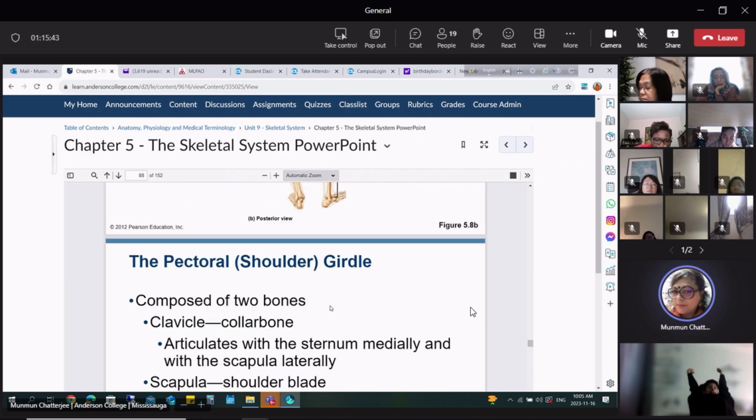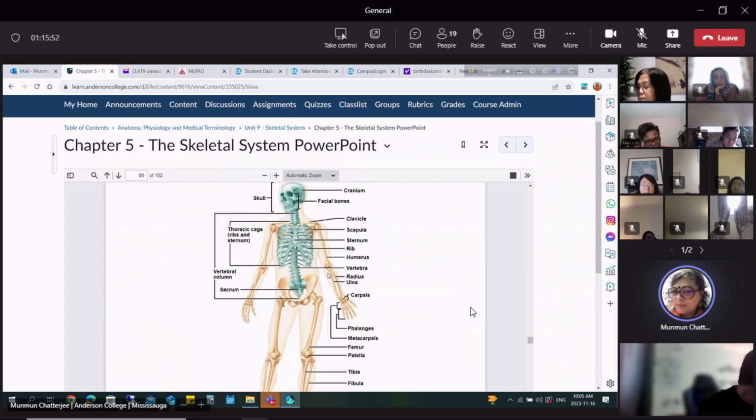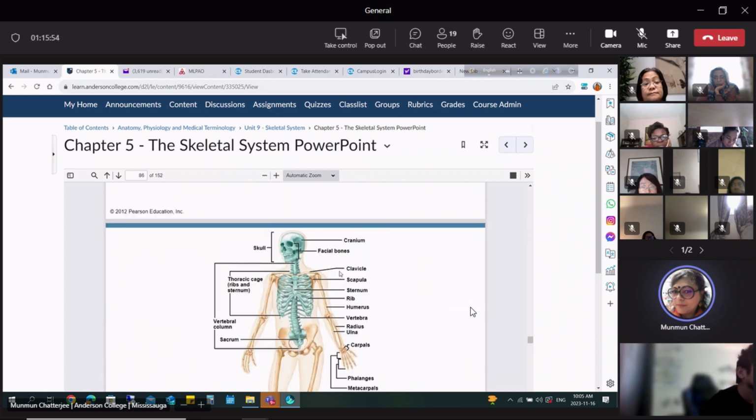So the pectoral girdle, or shoulder bone, is composed of two bones, as I showed you: clavicle and scapula. Clavicle is called the collar bone. You can see in the front also, this collar bone is going to be very important to locate. You can feel it at the top, going from here to near the hand.